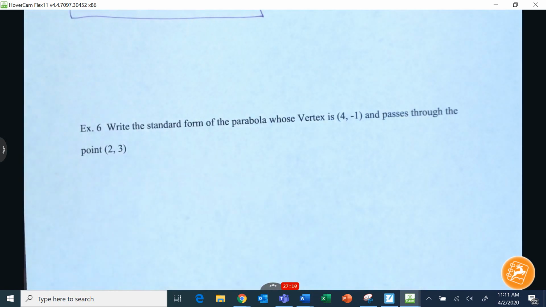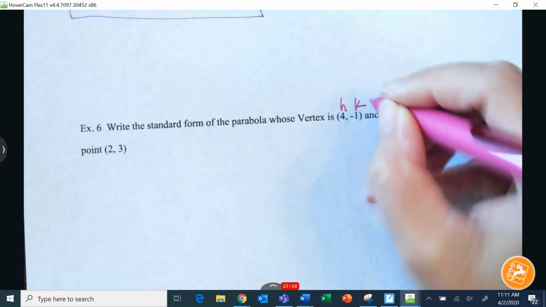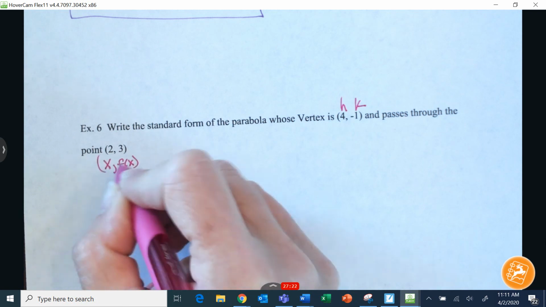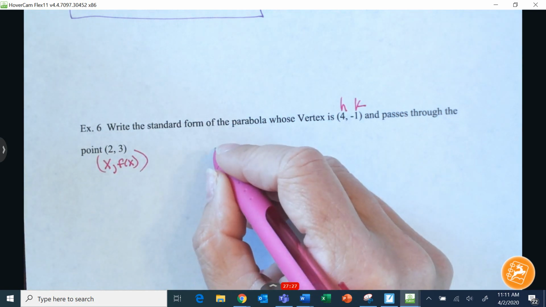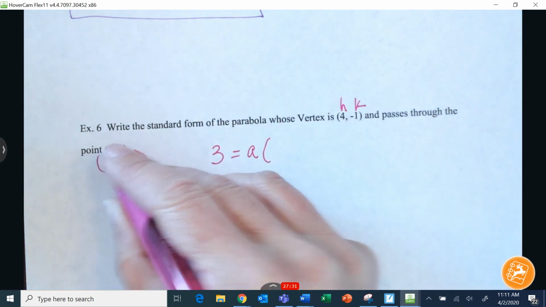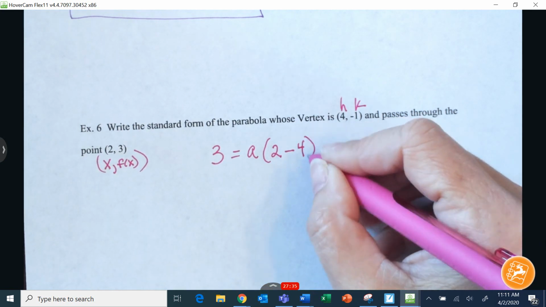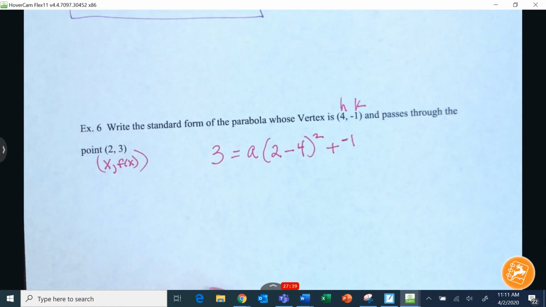Write the standard form of a parabola whose vertex is 4, negative 1 and passes through the point 2, 3. So the vertex is hk and the point is going to be x comma f of x. So we'll do f of x, 3, equals a times x, which is 2, minus h, which is 4, squared, plus k, negative 1.